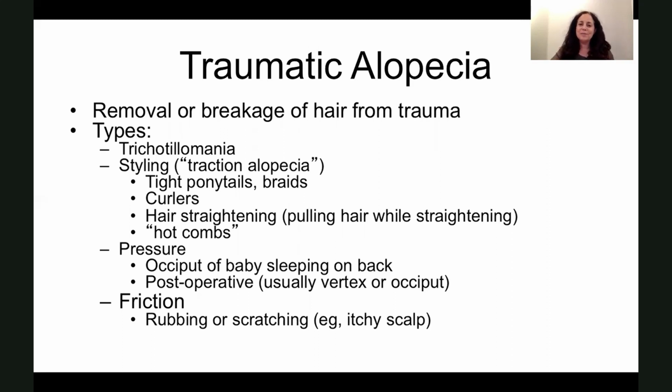Pressure, so for example, babies who are sleeping on their back or after post-surgery when somebody's still immobile, these can contribute to that. And then friction, so rubbing or scratching of the scalp, such as in eczema or lice, which we mentioned before.